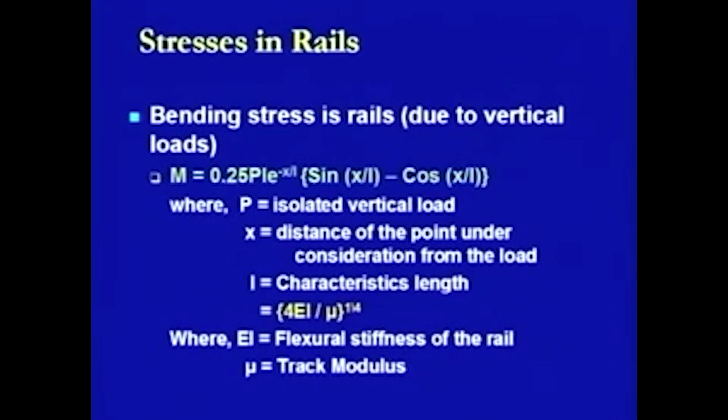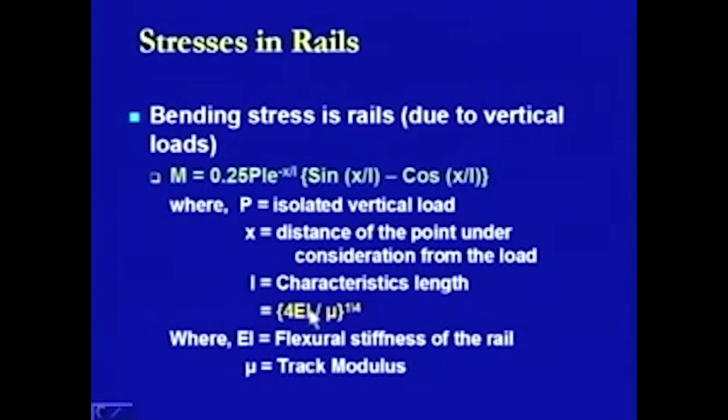L is defined as the characteristic length, and this characteristic length is given by another formula, that is, it is the fourth root of 4 E I divided by mu. Now, here this is I, it is not L, and this E I combinedly is defined as the flexural stiffness of the rail, where E is the modulus of elasticity and I is the moment of inertia of that rail section.